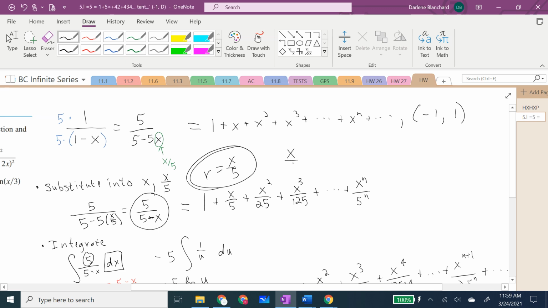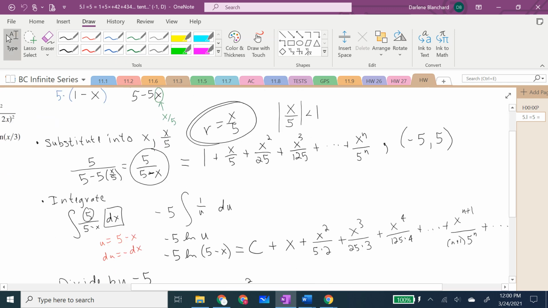So if the absolute value of x over 5 must be less than 1, then this converges for x being between -5 and +5. And at that moment, the interval of convergence does not include endpoints because it's still pure geometric.